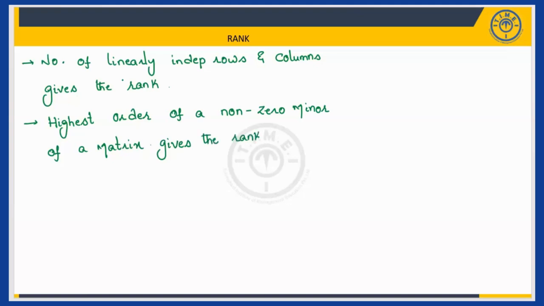And the third way of defining the rank is the number of non-zero rows in echelon form gives the rank.